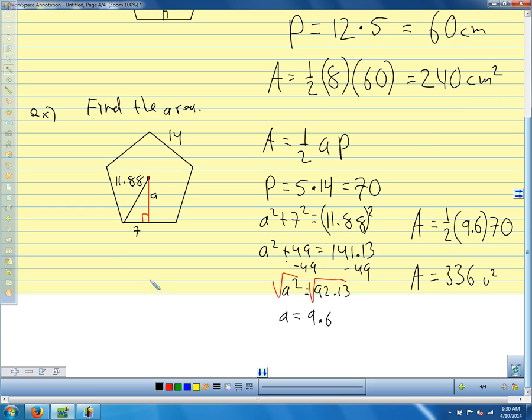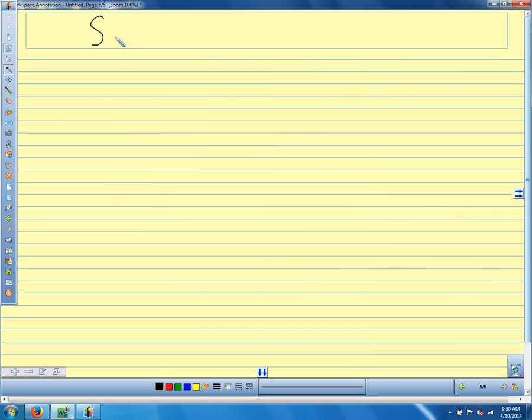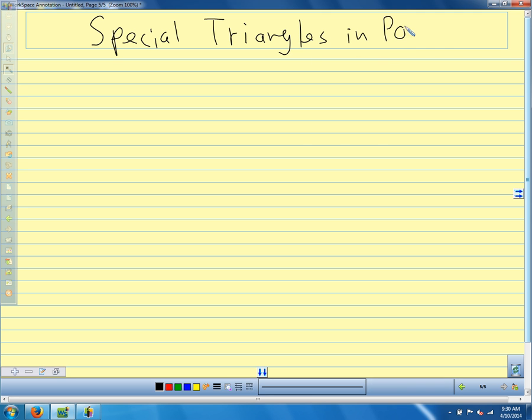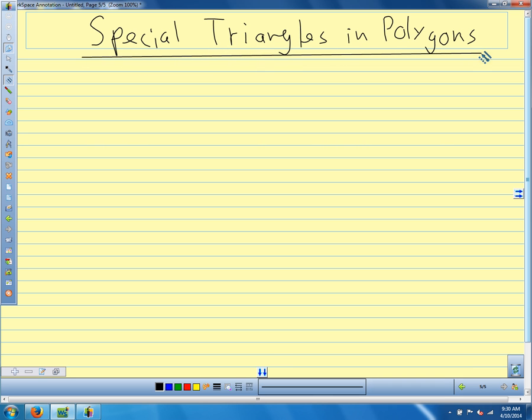Okay, the next thing we need to talk about is how we find special right triangles in polygons. So special triangles in polygons. So we're going to do 3.